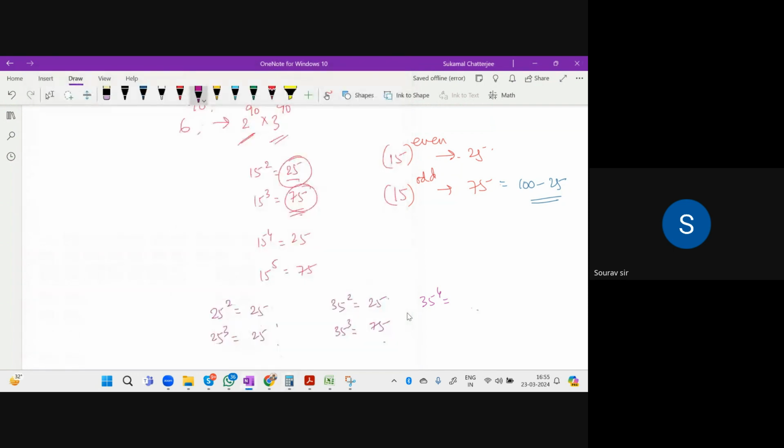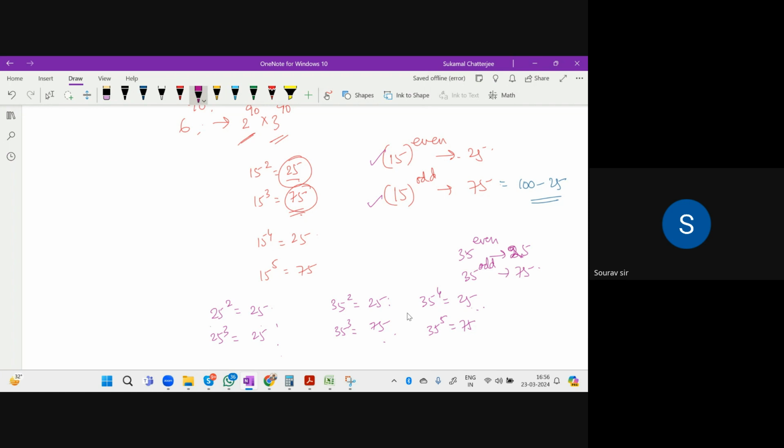See, without doing it, you can gauge the pattern. 25, 75, next one has to be 25, then 75. So it should be 25, 75, 25, 75. That means 15 is the same as 35. See, life is becoming so easy now if you understand this logic.